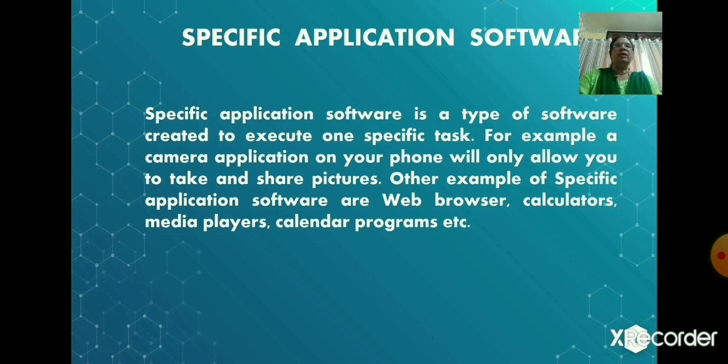For example, a web browser: with its help, you can view web pages. A calculator you can use for calculations. A calendar lets you schedule upcoming events and reminds you of important events. Games are also specific application software. For example, in chess, you can play only chess. Same thing, a media player, you can use for audio and video. So these are all specific types of software.